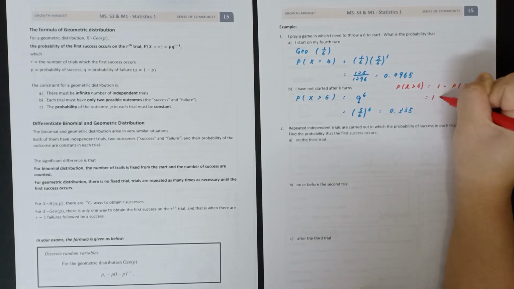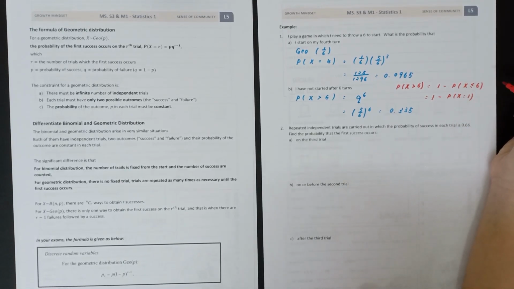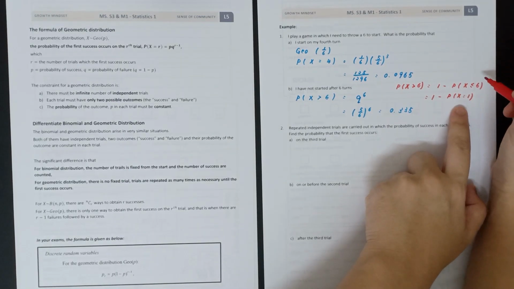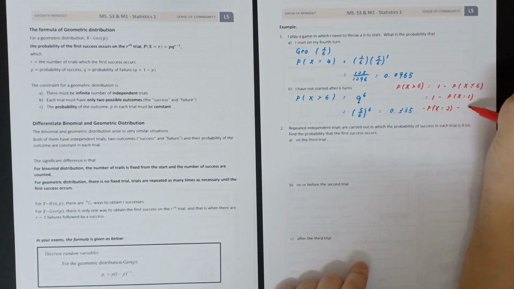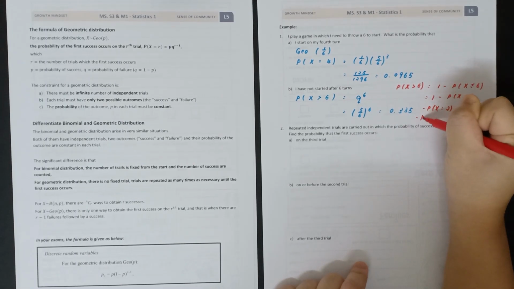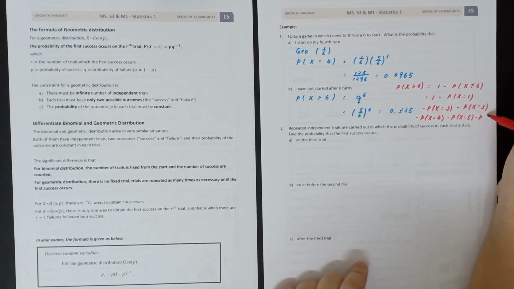Then I use 1 minus the probability for x equals 1, so my first success at the first turn, then my first success at the second turn, the third turn, the fourth, 5, 6. Can I do that? Yes, why not? You can do that.